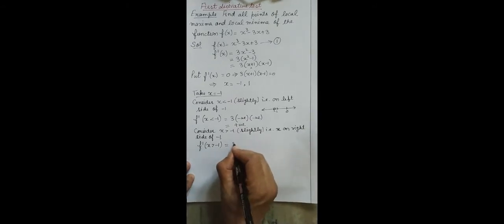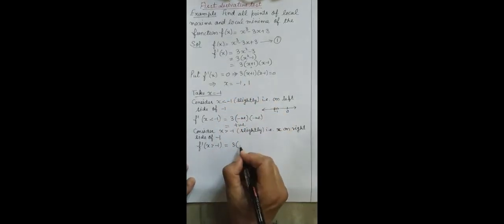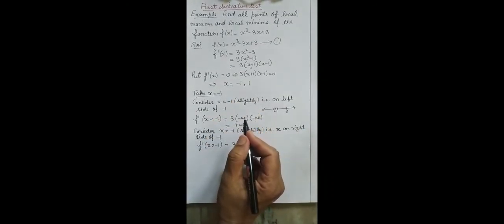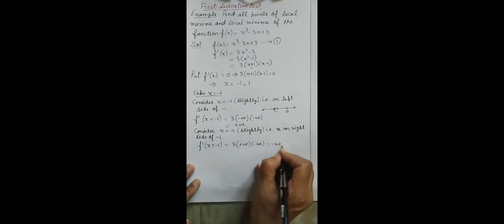So what will be f'(x) for x > −1? This will be equal to 3 into, now if I put a number greater than −1, this quantity will be positive, but because it is very close to −1, this quantity will remain negative. So my final result will be negative.